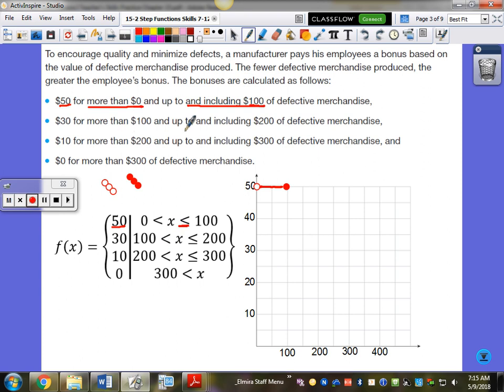And up to and including 200. So we have these values here. These values here are these values here. And then the rest of the words are the intervals after that. So more than 100 and up to and including 200. That's why there's an equal bar for the 200.